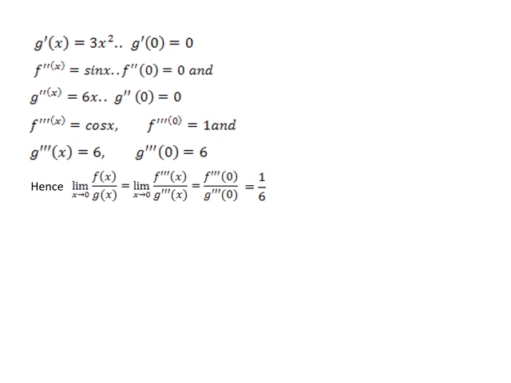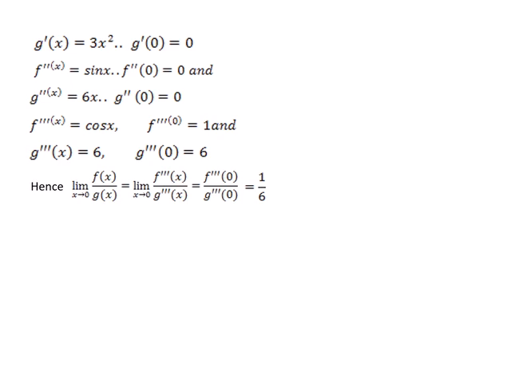Then we differentiate g prime of s again: g double prime of s is 6s, since differentiating 3s squared gives 6s. Substituting, g double prime of 0 is still equal to 0. Since the limit does not exist, we differentiate further again.